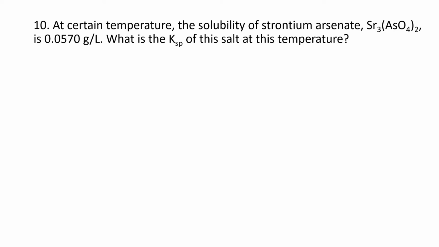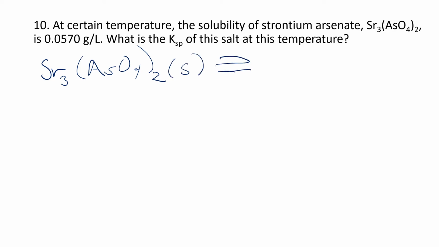What I mean by x is, if I set up this equation, Sr3(AsO4)2, and that's a solid. The Sr is going to have a charge of 2+, and the AsO4 is going to have a charge of 3-.